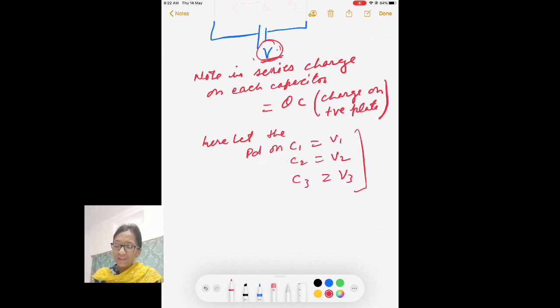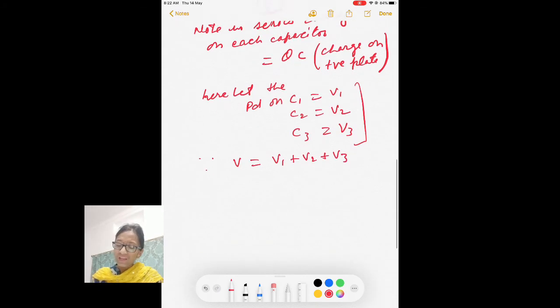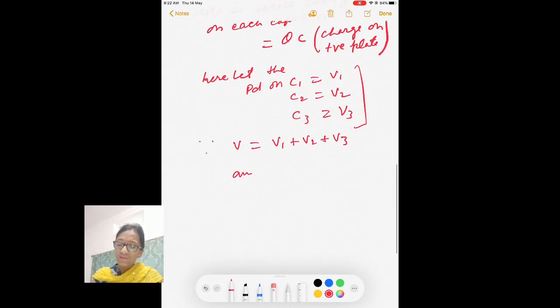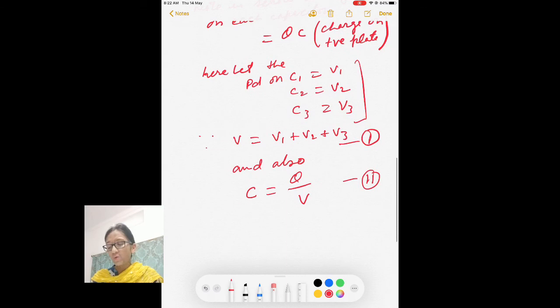The two will be the same. Therefore V must be equal to V1 plus V2 plus V3, and also we know that capacitance C is equal to Q coulomb upon V volt. This is your equation 1. This is your equation 2.